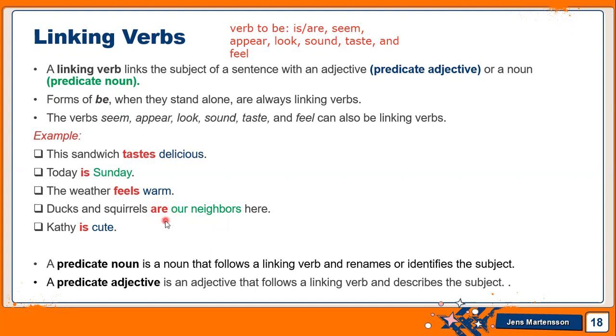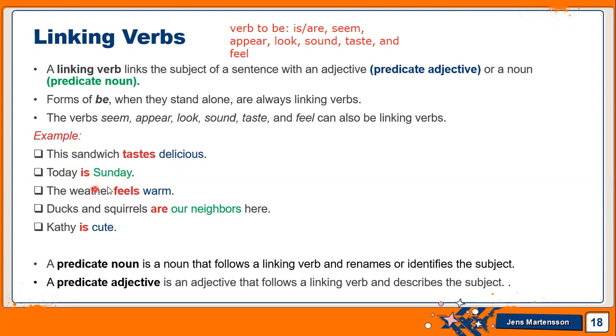Okay. What do the predicate nouns and predicate adjectives do? A predicate noun is a noun that follows the linking verb and renames or identifies the subject. When I say today is Sunday, Sunday is renaming today. What is today? Sunday. It's identifying the subject. It's telling me more about the subject.